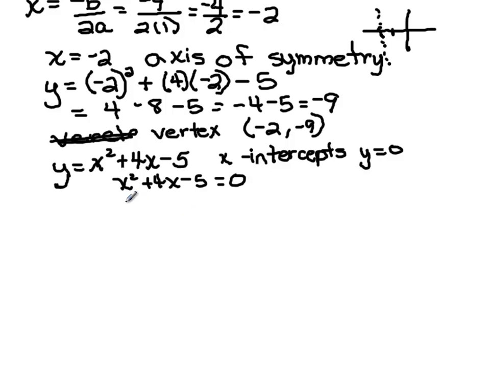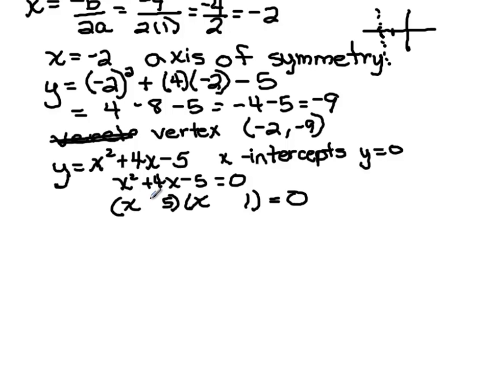Now, that's a quadratic. I could use the quadratic formula, or because I prefer factoring, I'm going to solve this one by factoring. What are the factors? Well, to get the x squared, I need an x in front of both parts. What multiplies to give me 5 and subtracts to give me 4 would be 5 and 1. Because the last term's negative, I need one sign of each.